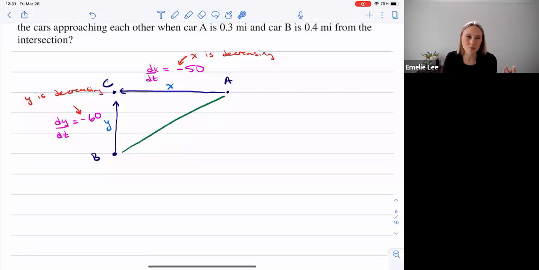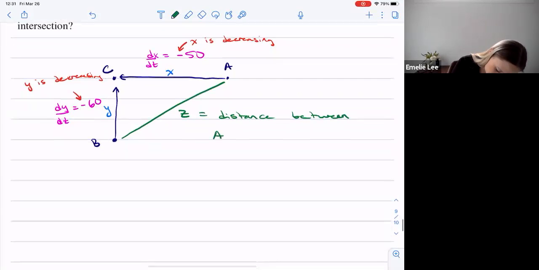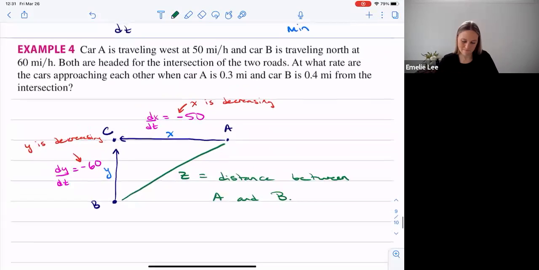And just to keep with X, Y, Z, let's use Z for the hypotenuse. So Z is the distance between A and capital B.